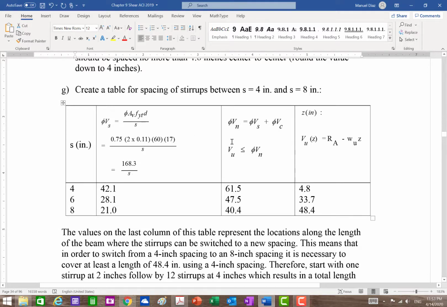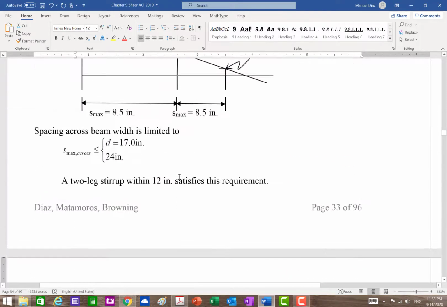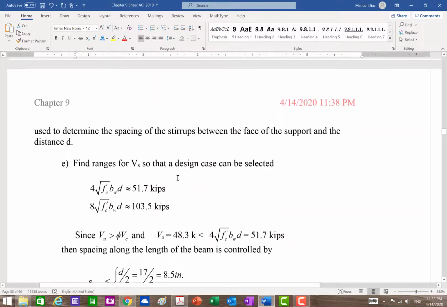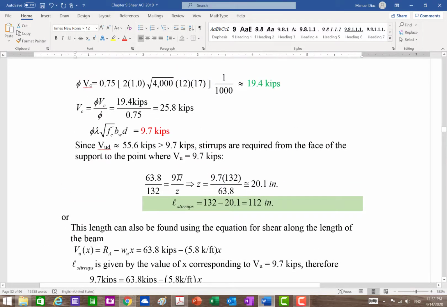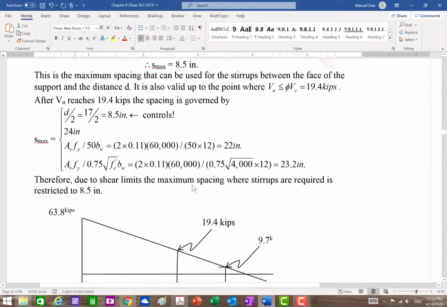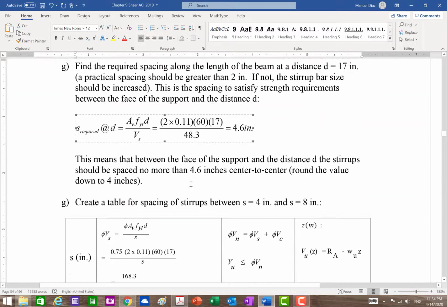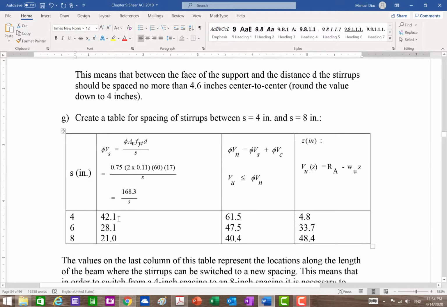Then to have my total shear strength, I need to add the concrete strength to these, right? But the concrete strength for our case is fixed, it is one number, and that number is 19.4. So we're going to add 19.4 to all these numbers.